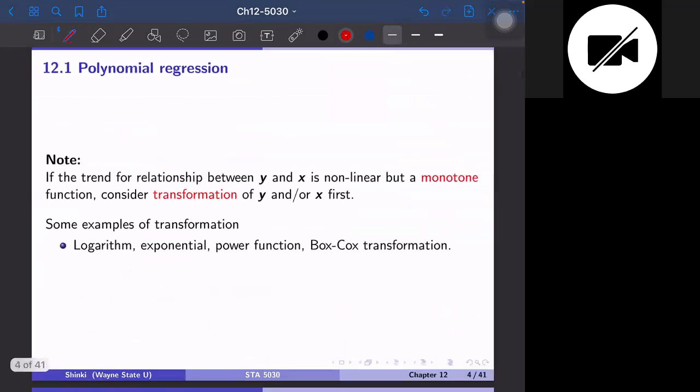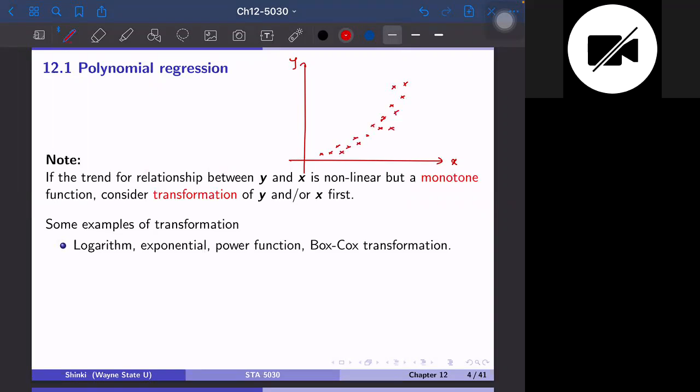So polynomial regression is more flexible than just regression with only x as predictor. But if the relationship is monotone, at first we have to consider a transformation of x or y. Think about the case where the plot is obviously different from linear, but monotone.